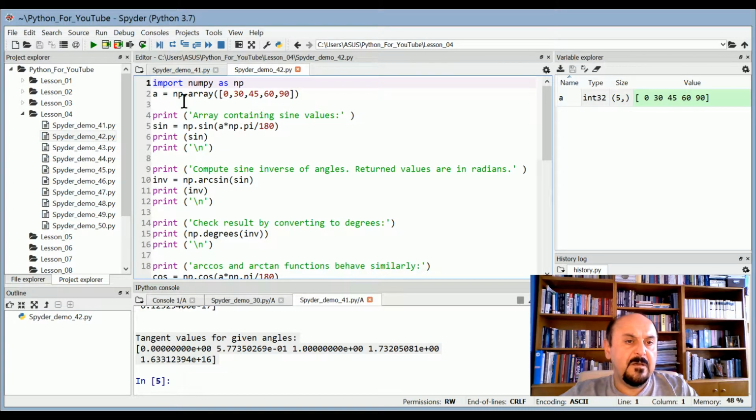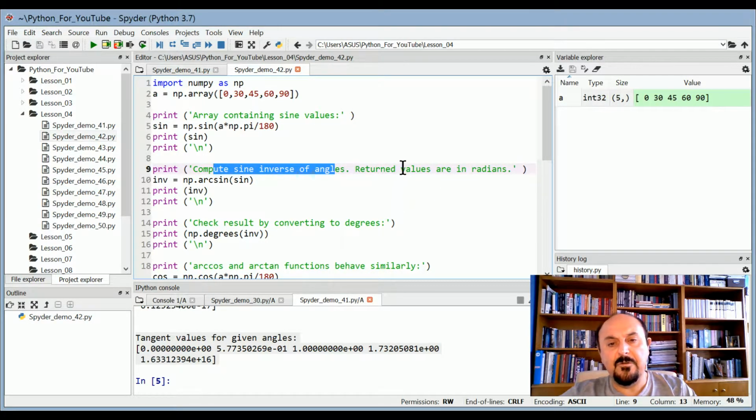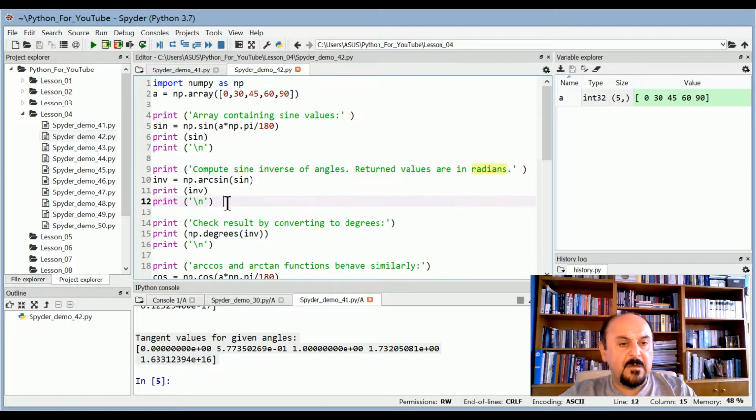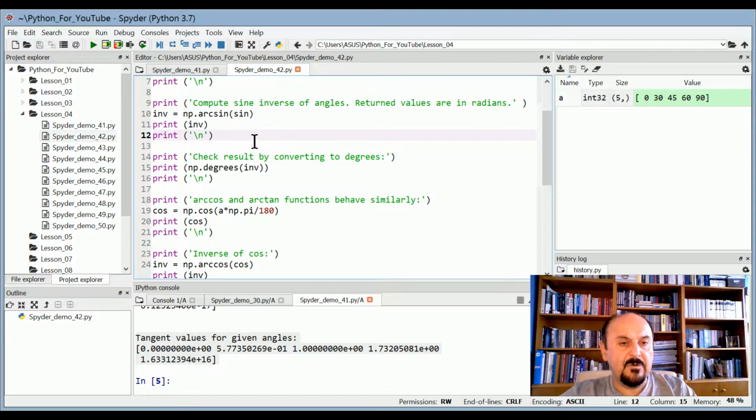Okay, in this example I define an NP array here by importing as NP, and this time I calculate sine, and after that I print the sine of this one, and this time compute the inverse sine of the angles. This time by accepting the sine value, I would like to get the return value in radians. I mean arc sine we would like to calculate.